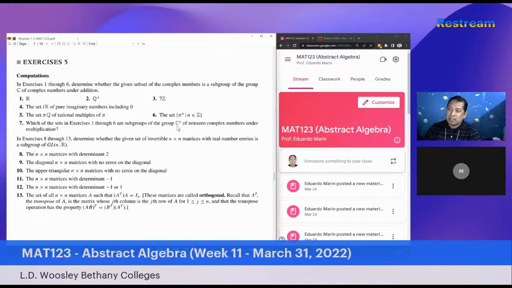We could find from this non-zero complex number the identity element. This time the identity element is equal to 1 because we're asked for multiplication. Okay, is 5 part of it? So, actually, may dalawa dyan na applicable pa rin.